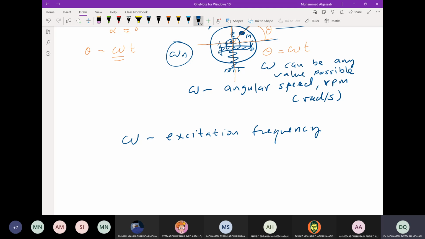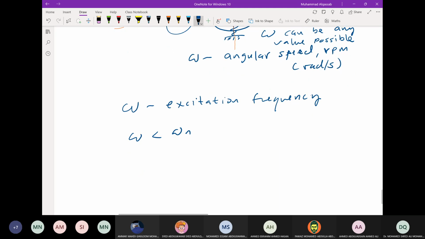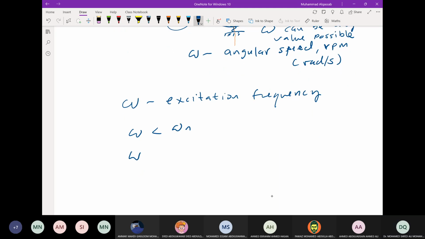So there are three possible cases: either omega is less than omega n, or omega equals omega n, or omega is greater than omega n. Right? There are no other cases. One of them is most dangerous on the system.